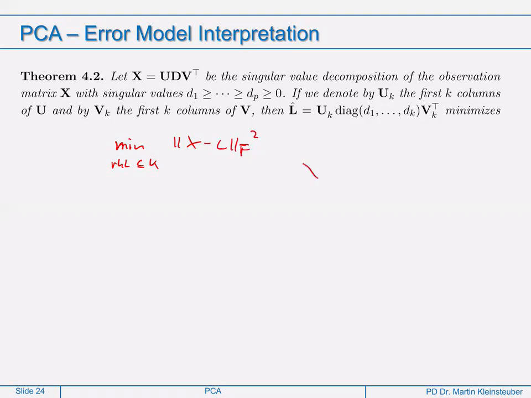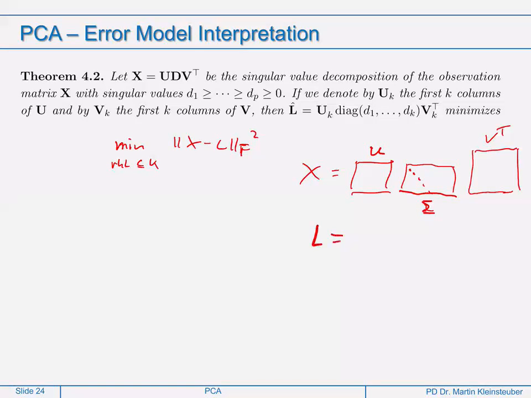If this X is given by U, our diagonal sigma, and our V transpose here, then our L is given by this.